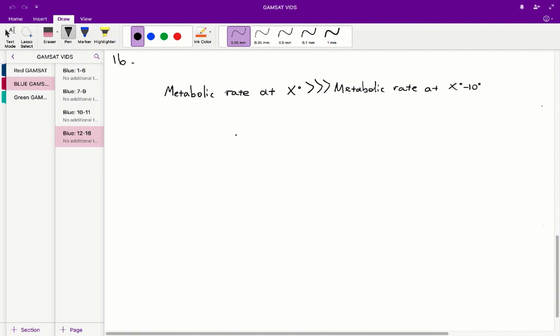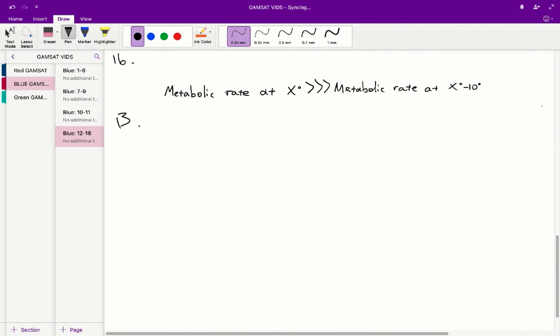So where does that appear on line 5? Well, it most clearly appears at point M, where the temperature is 15 degrees. We can see that the uptake of oxygen at 15 degrees is much larger than the uptake of oxygen at 5 degrees. So the Q10 value is going to be greatest at M. So the answer is B for question 16.